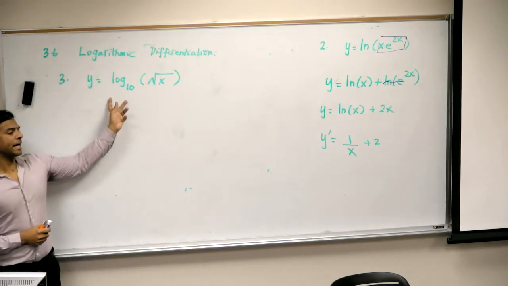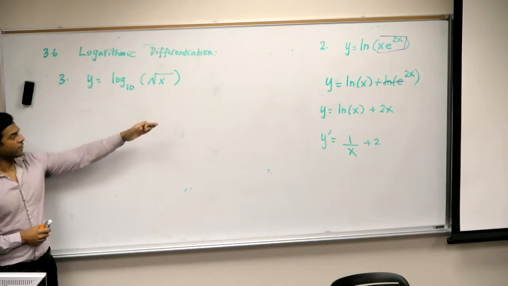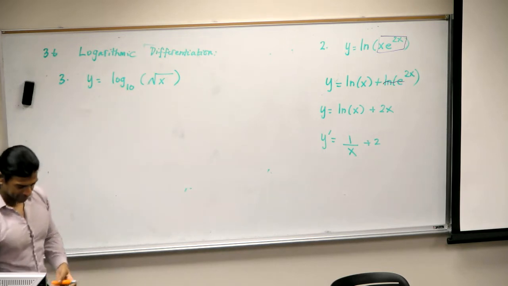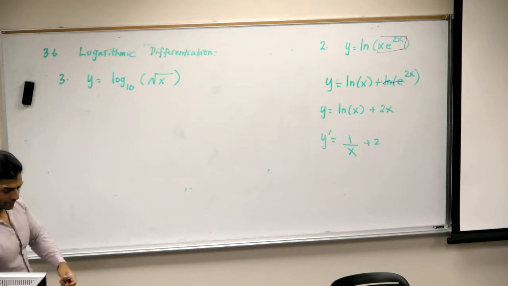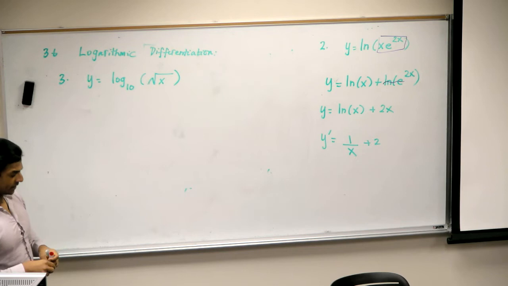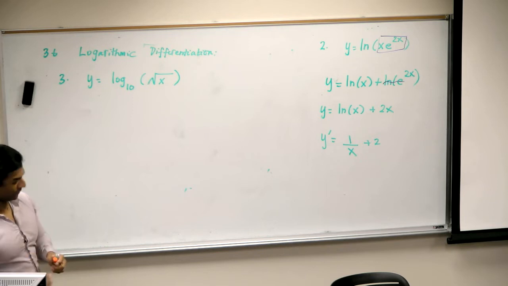So we have log base 10 here, right? So far, we only looked at ln, and I wrote that the derivative of ln of x is 1 over x. But the derivative of any other base log is not just 1 over x. It is going to be something else.